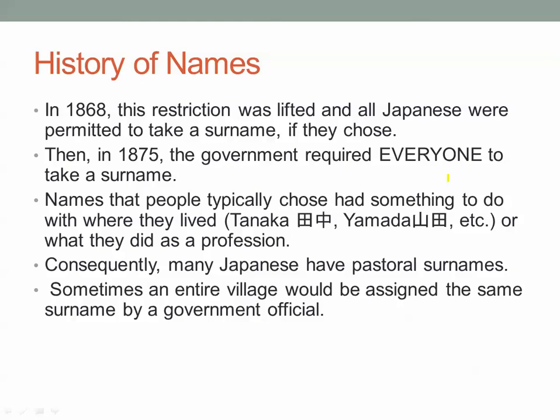They used everything they could think of. And so they just started looking around and assigning names based on whatever happened to pop into their field of vision. Like, okay, I'm going to give you the name Colgate because there's Colgate toothpaste sitting on the shelf, that kind of thing. It was a wild and wacky time in Japanese history, but the end upshot of it was that everybody ended up with a surname.